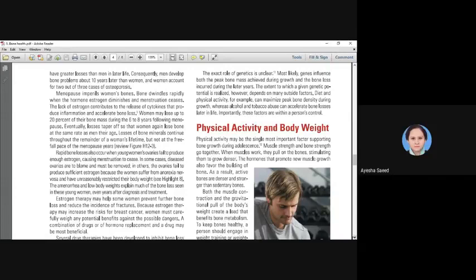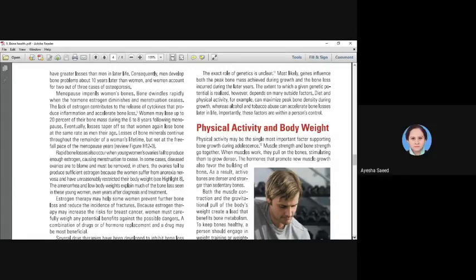Menopause imperils women's health. Imperils means is very dangerous for women's health. Bone dwindles rapidly, dissolves, breaks down rapidly when the hormone estrogen diminishes, and the hormone estrogen diminishes after the menopause and the menstruation ceases.